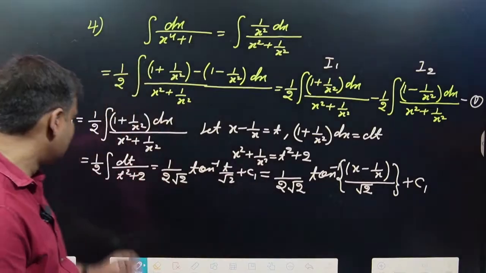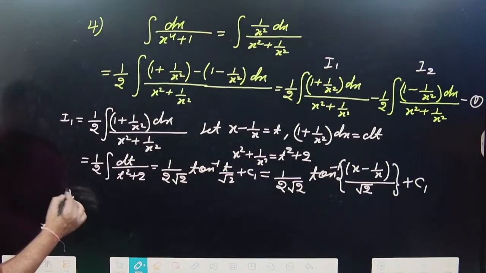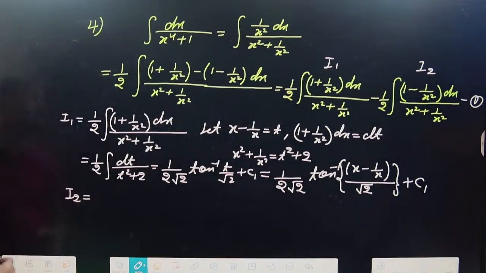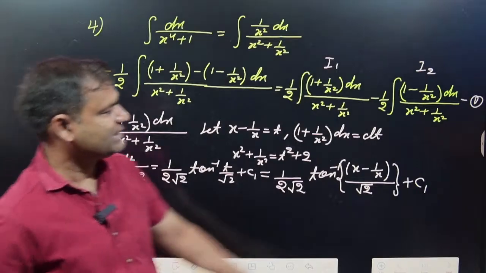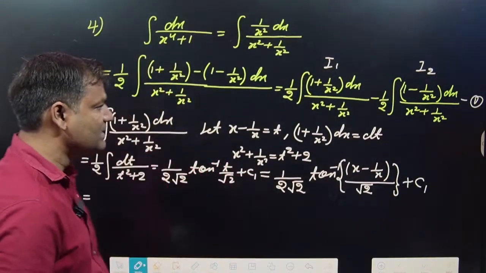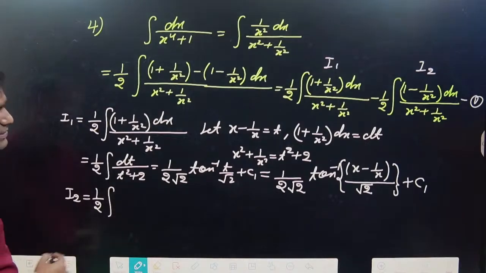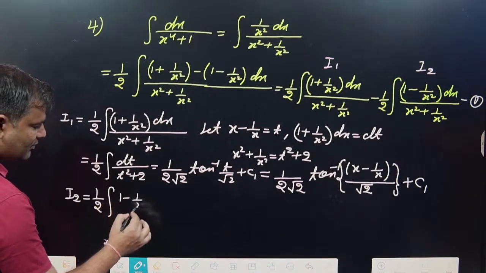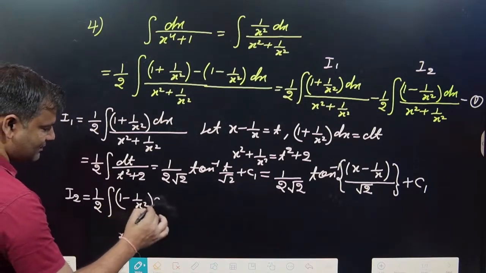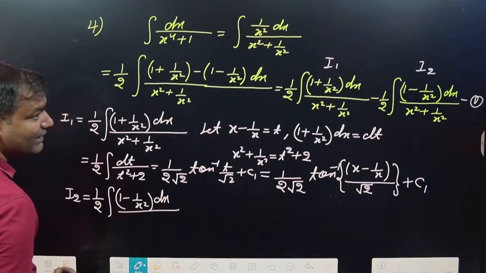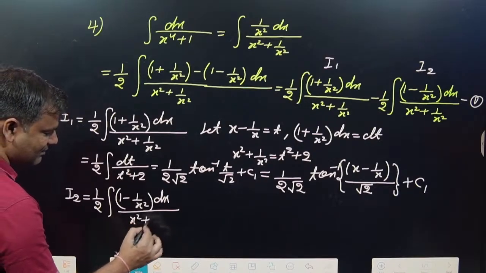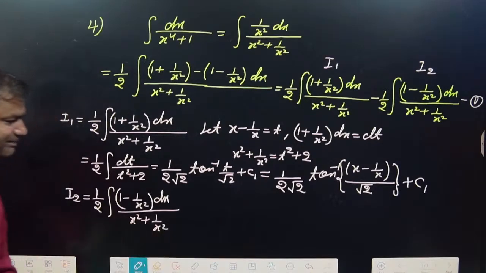Now after that we focus on I2. I2 is basically that part, 1 by 2 into integration of 1 minus 1 upon x square into dx divided by how much, x square plus 1 upon x square.